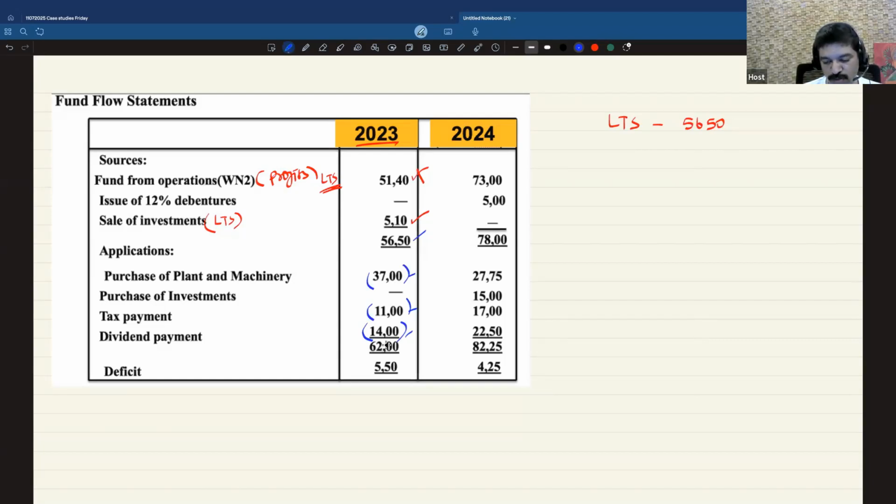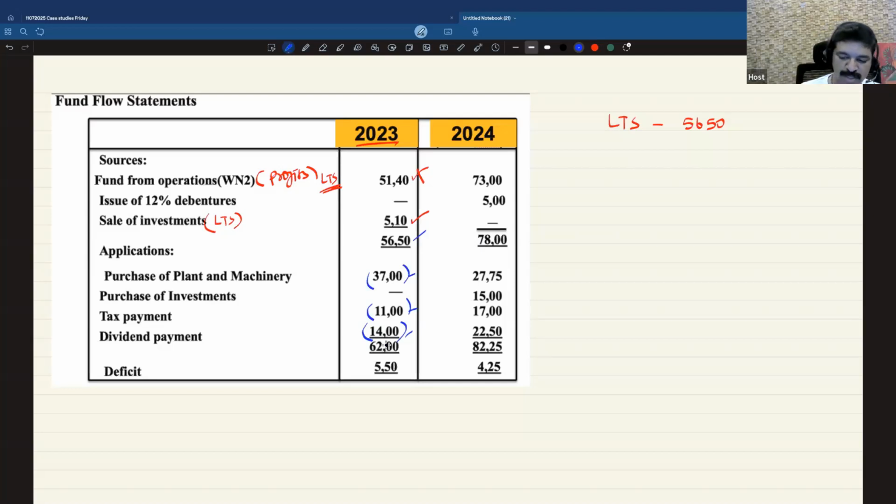If you are going to use this money, where will you use it first? For paying taxes, dividend, or purchasing plant and machinery? Tax is also very important.